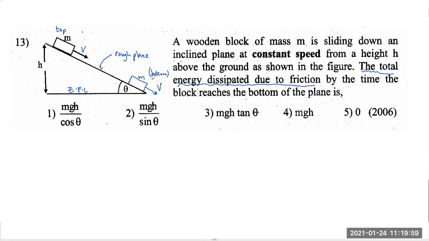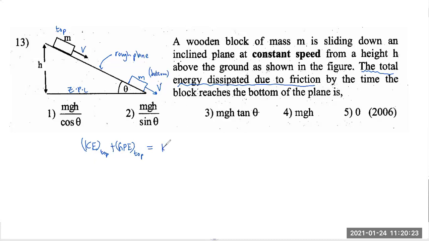Now, how do you apply the law of conservation of energy for this? This is how you do that. If you take the initial point at the top, you have kinetic energy at the top plus gravitational potential energy also at the top. That is the total energy we have here. And what will happen to that energy when the block comes to the bottom?